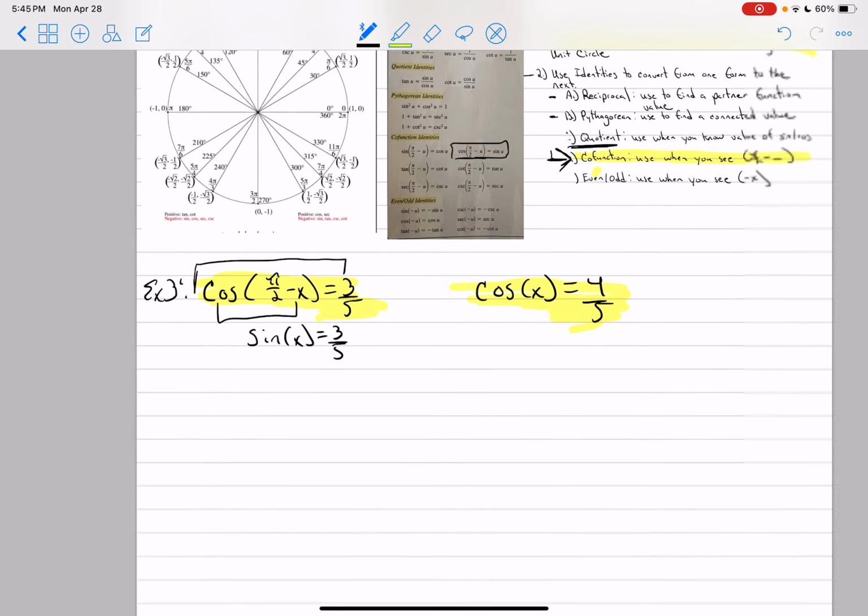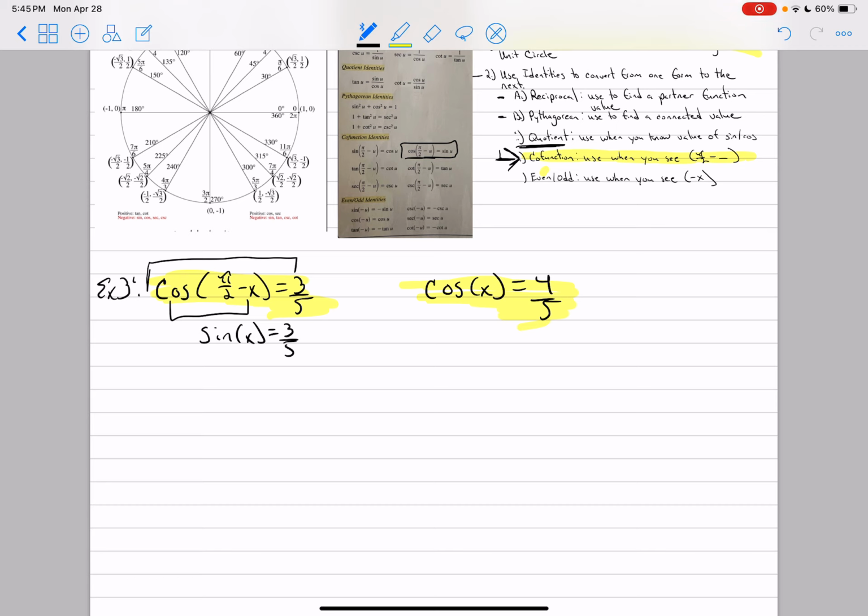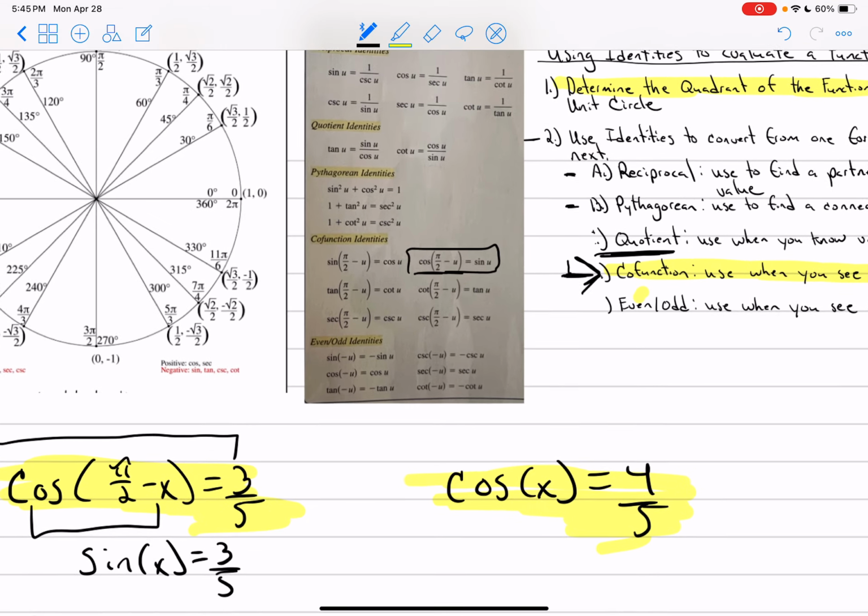So let's get to cracking. What do I know? I know that sine is 3/5 and cosine is 4/5. I know everything, this is easy work. What do I know about tangent?